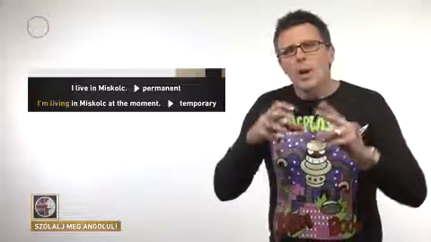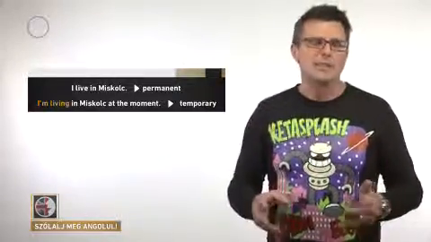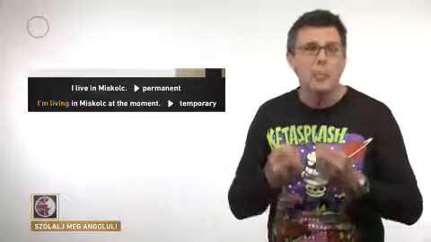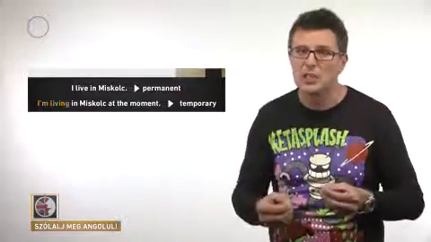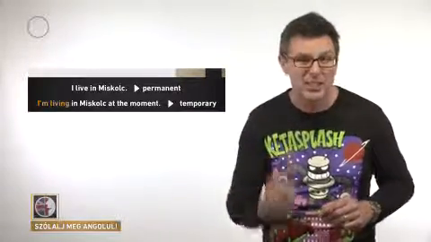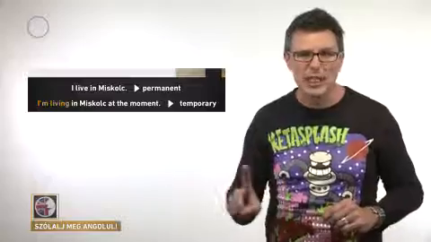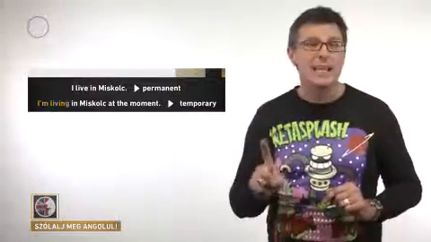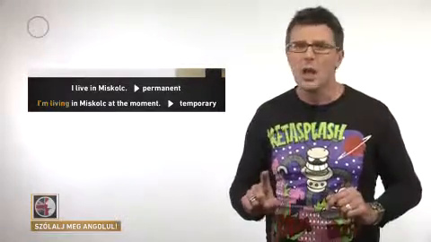Now, when we look at those two sentences, we can see that the first sentence is emphasizing the permanent nature of the situation. I live in Miskolc. This is a permanent situation. It doesn't change.